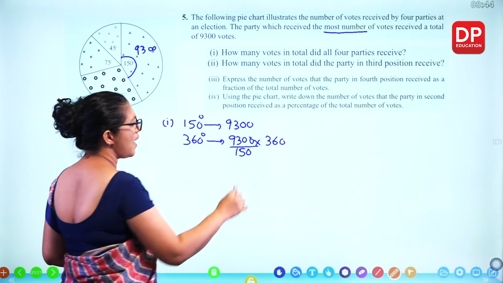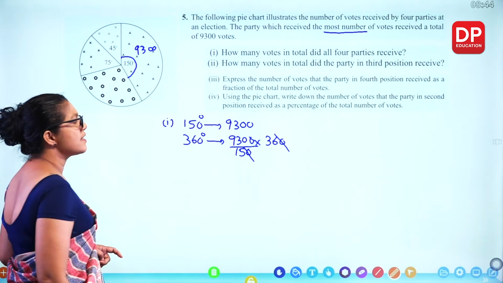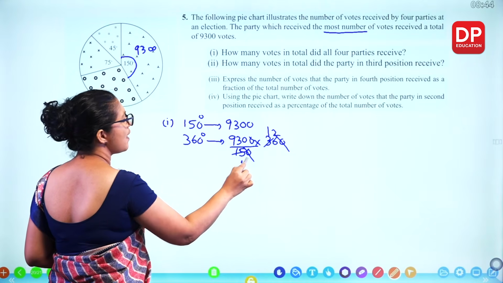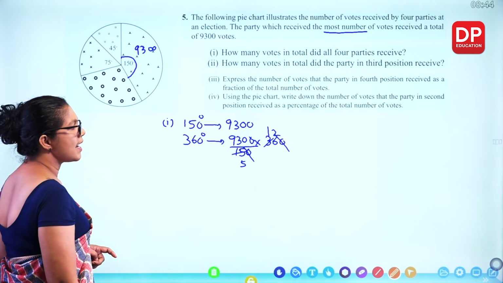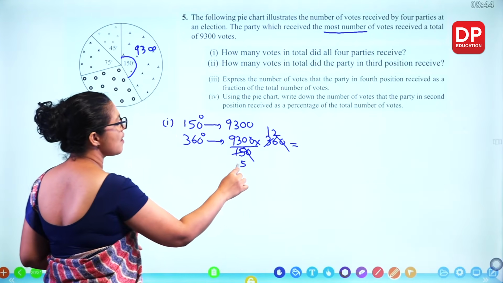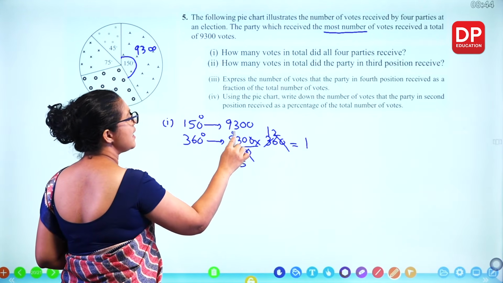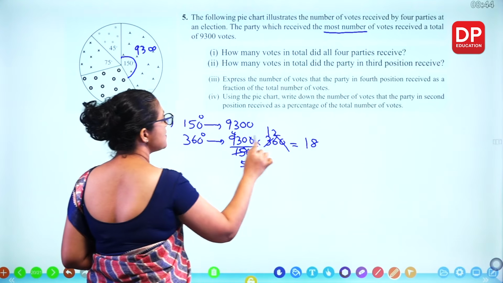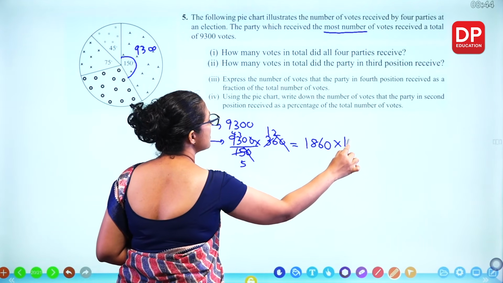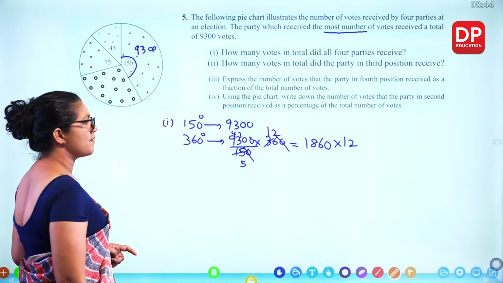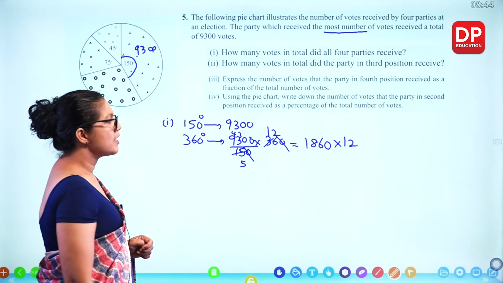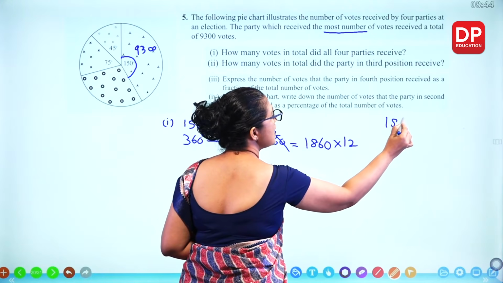So try to simplify. I can cross out this 0. 3 times 12, 3 times 5. Then I can divide 9,300 by 5. I get 1,860. Now multiply this by 12. So we'll do that.